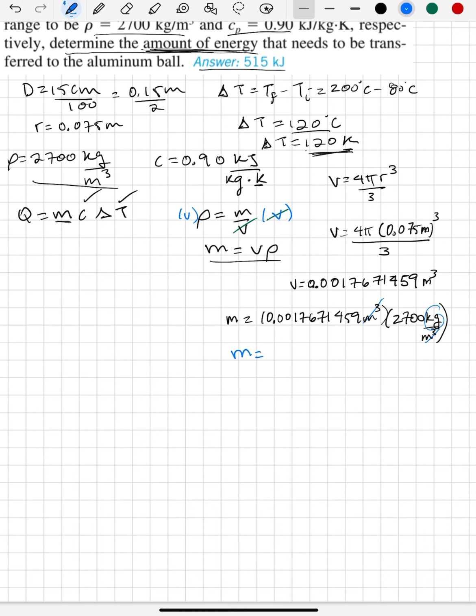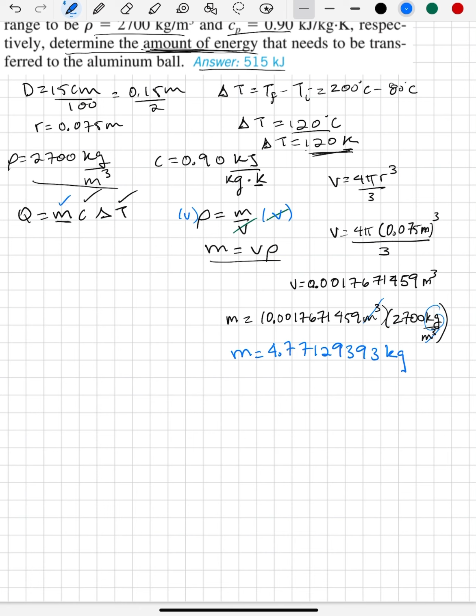And then when you do that, you end up with 4.77129393 kilograms. I'm going to write pretty much all the decimals that I get, or the entire numerical answer. So I just found the mass.